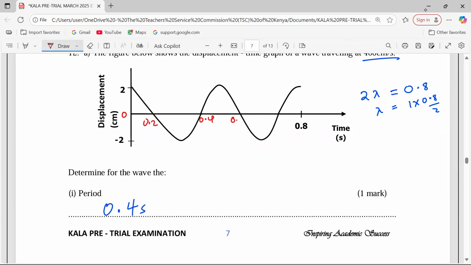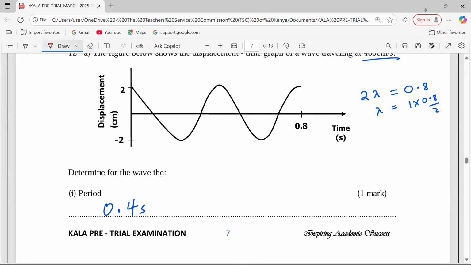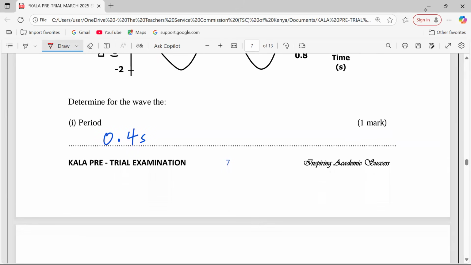No, I think it's not the right labeling. Let's just consider what I have done. That one will not be well interpreted. Let's just say the two complete waves are covered in 0.8 seconds. What about one wave? One wavelength shall be in 0.4.